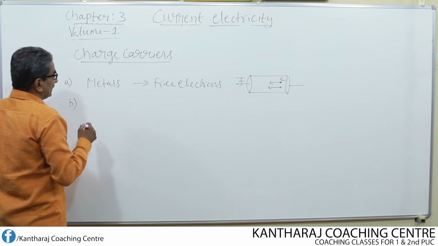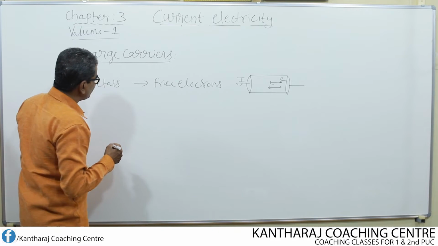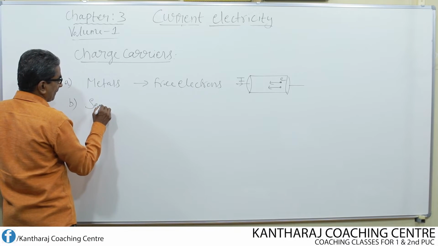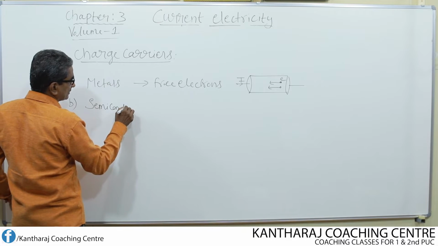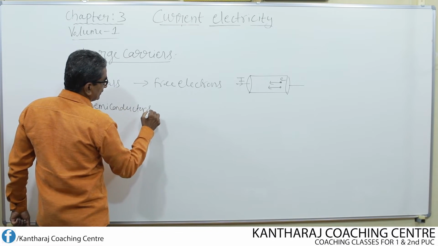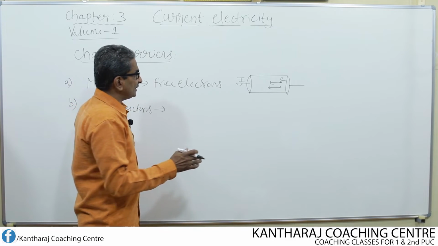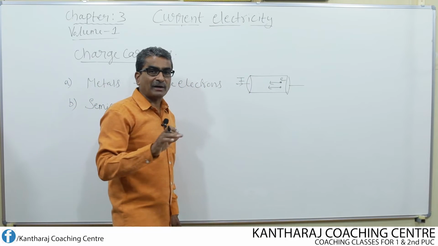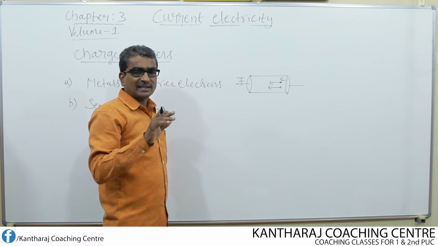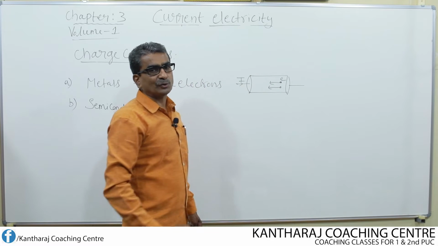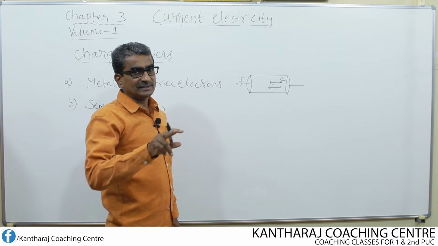Then, in case of semiconductors: semiconductors are substances which allow the current to flow through them partially, whereas conductors are substances which allow the entire charge to flow through them. That's the difference.